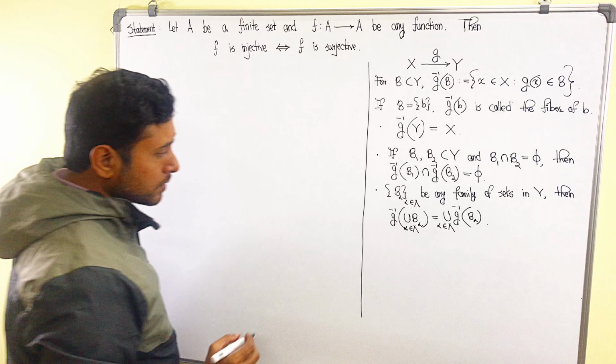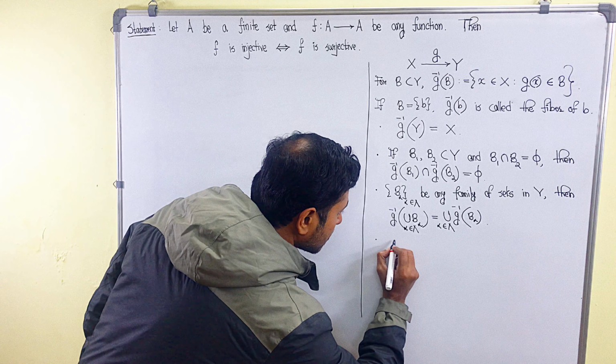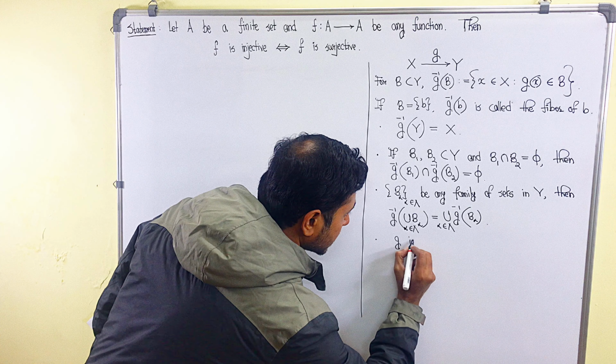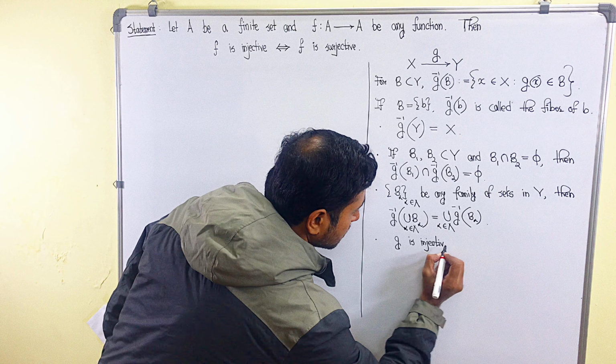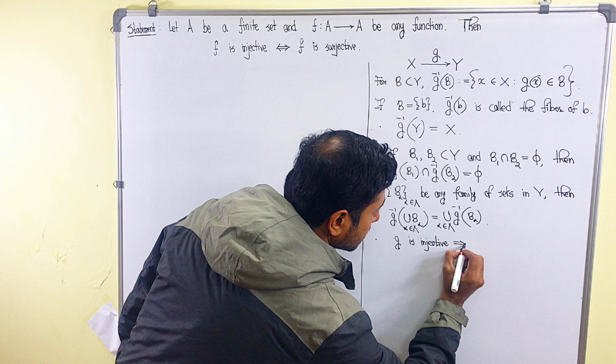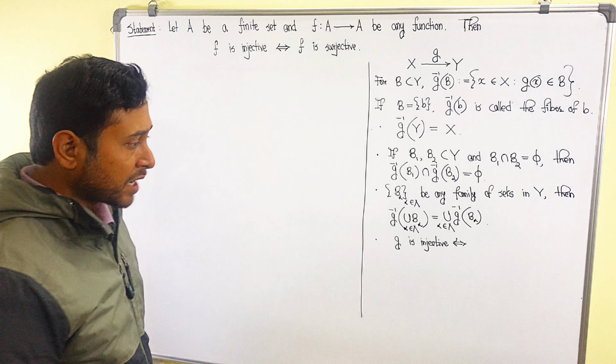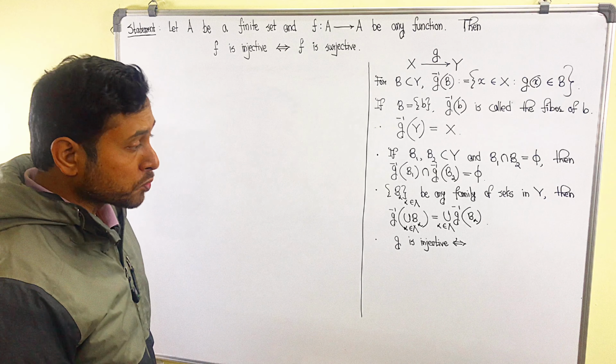And finally note that g is injective if and only if each of the fibers can have at most one point.